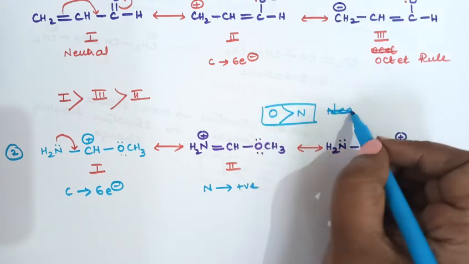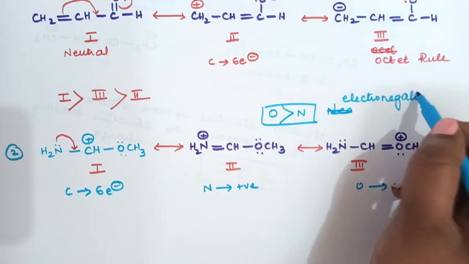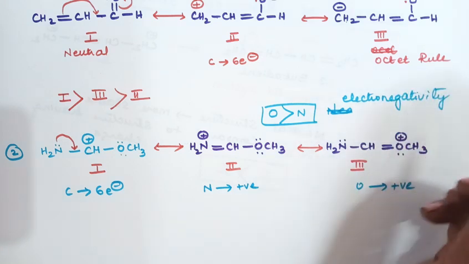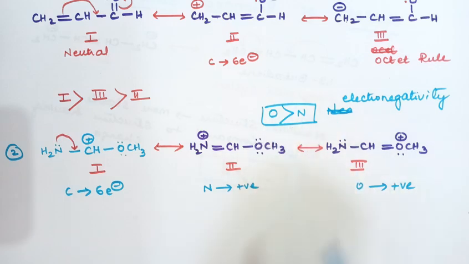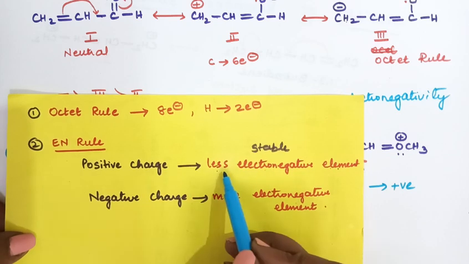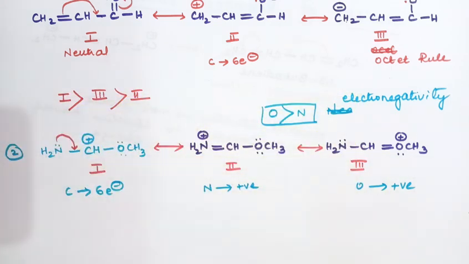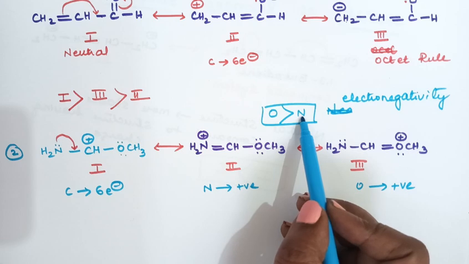Electronegativity, if you see, oxygen is more electronegative when compared to nitrogen. So here the positive sign should be present on the less electronegative element. So the less electronegative element is nitrogen. So nitrogen should have the positive sign.